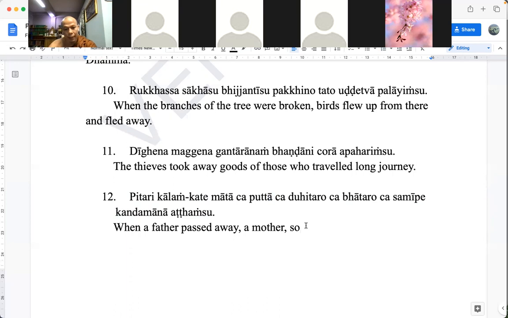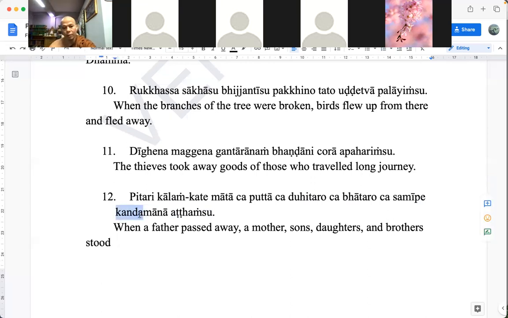So that is fine. Sons, and then Duhitaro, that one also plural. So daughters, and the Badaros, Badar means brother, so brothers, so Atansu, stood. And then Kanda Mana.